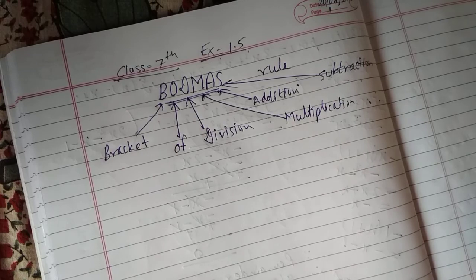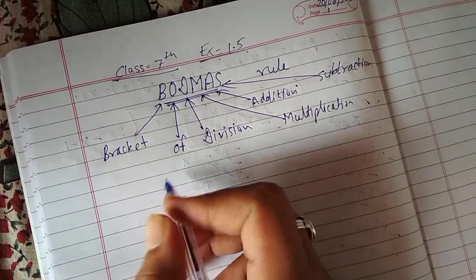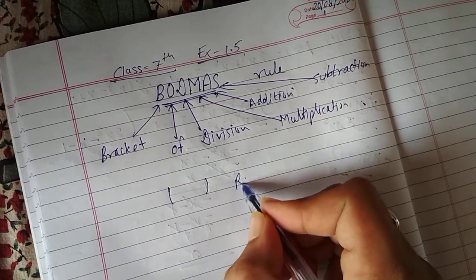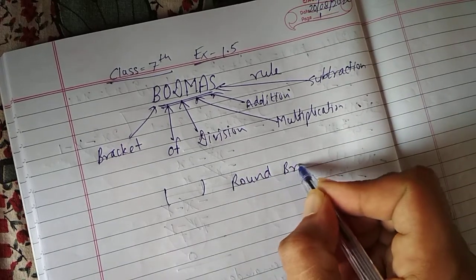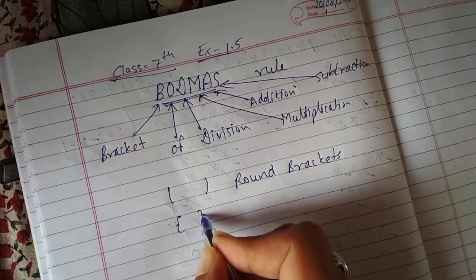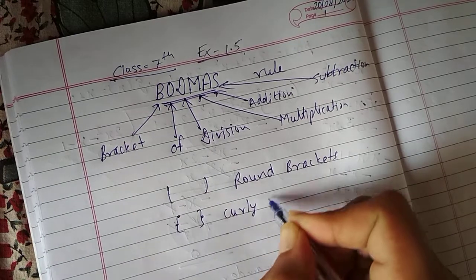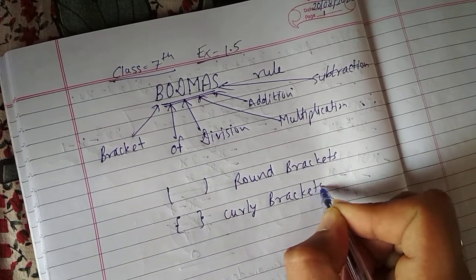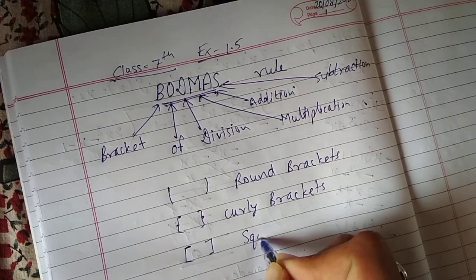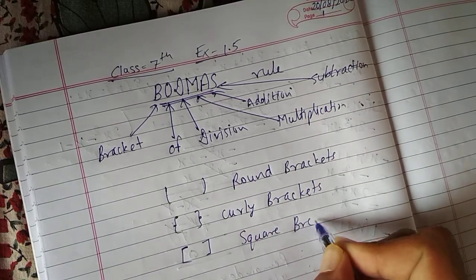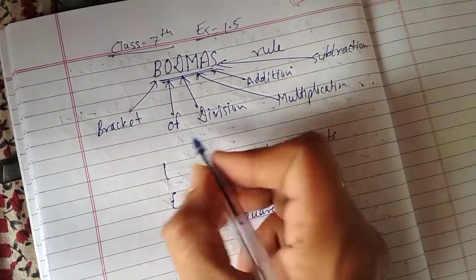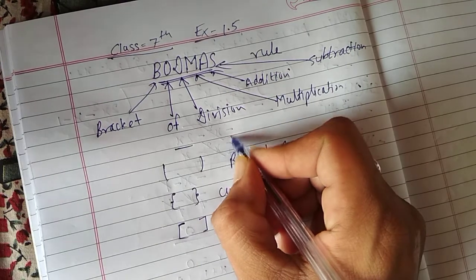BODMAS. For removal of brackets, we should use the brackets: round brackets, curly brackets, square brackets, and bar or vinculum.